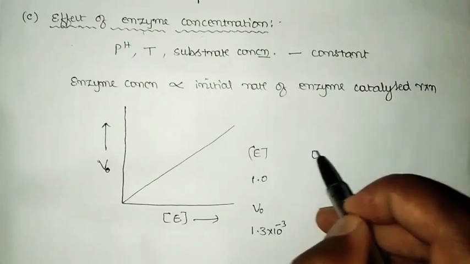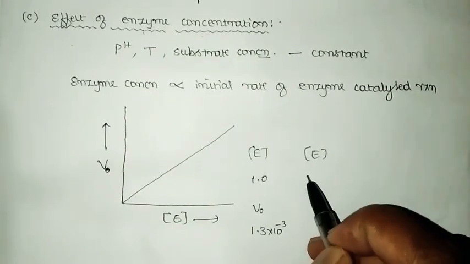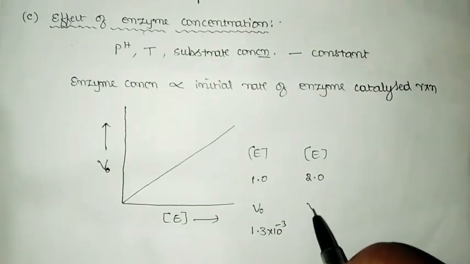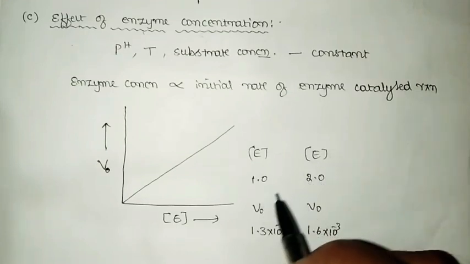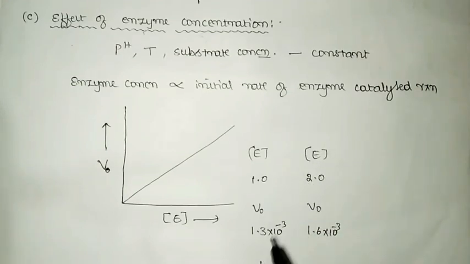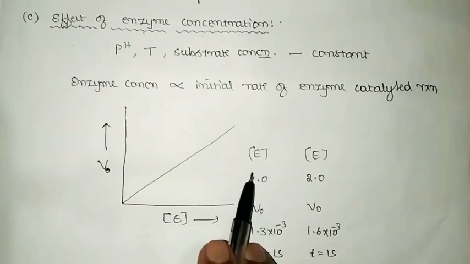And if the enzyme concentration is 2 mole per dm cube, then V naught will be 1.6 into 10 to the power of minus 3. The initial velocity is increasing. Here the time is equal to 1 second, and here also the time is equal to 1 second.